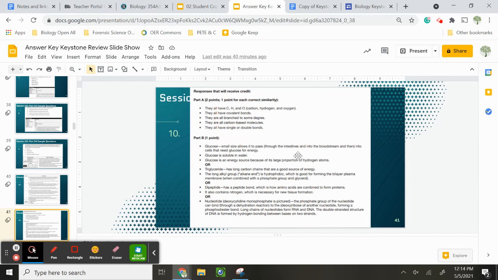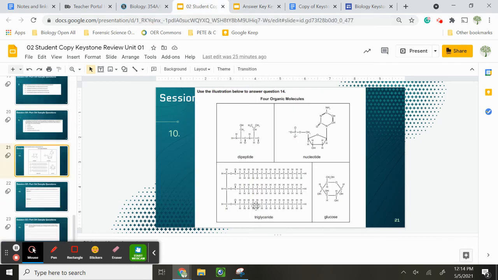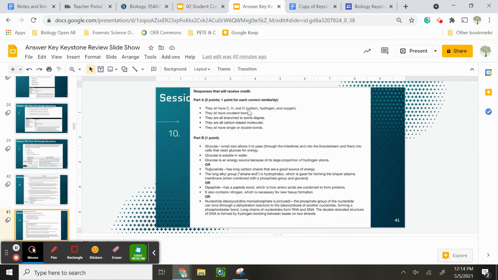That's what I was going to say. I wasn't going to say it exactly like that, but when you're thinking of a structure function relationship, you could say that with the triglycerides, they're part of the plasma membrane. They provide waterproof coverings for cells because they are non-polar molecules. They don't dissolve in water.